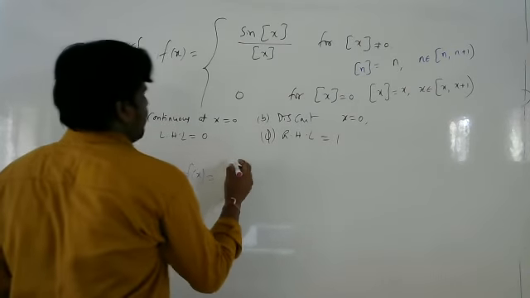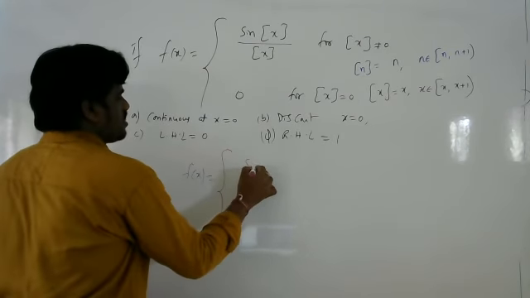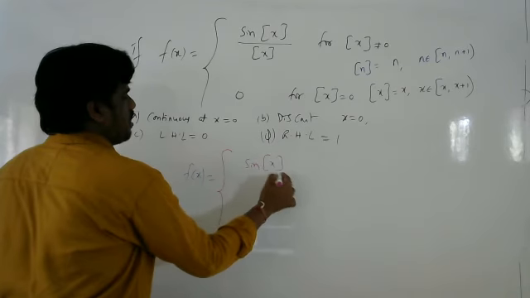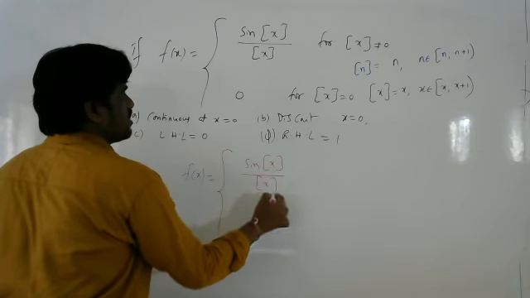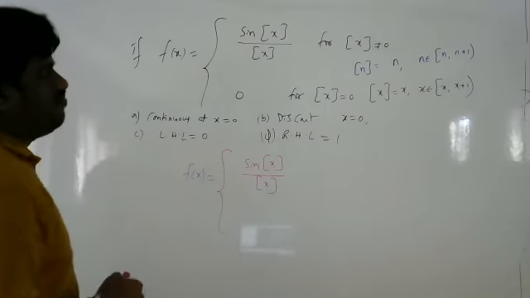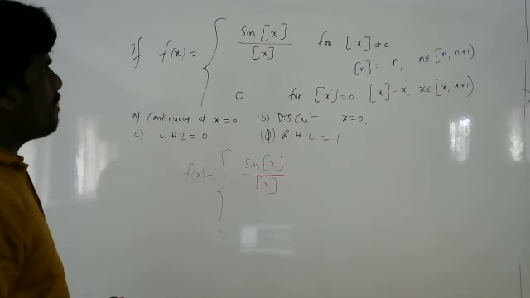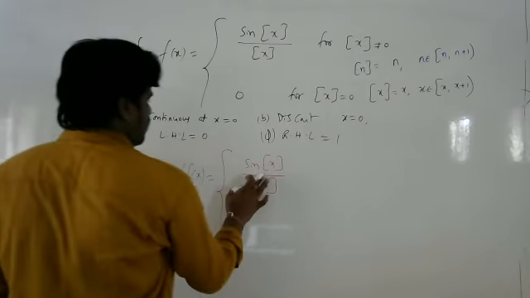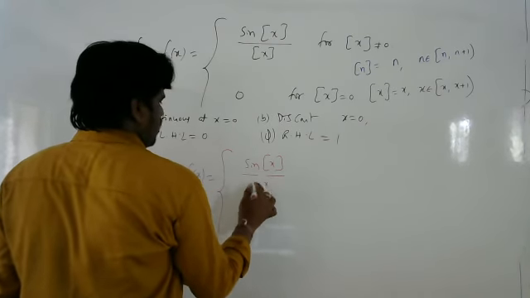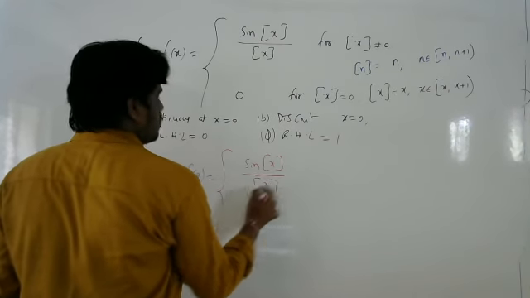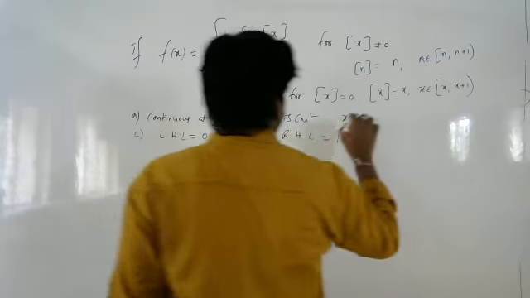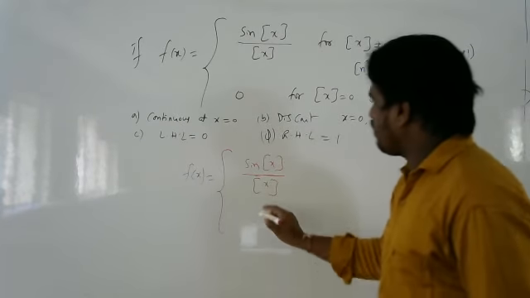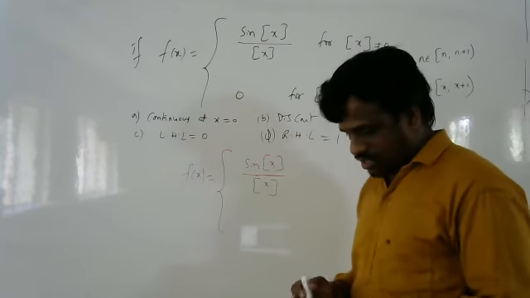So can I write f of x is equal to sin of greatest integer x upon greatest integer x? Yes, greatest integer x upon greatest integer x. This is defined when... I'll write first down one, so you will understand more easily.